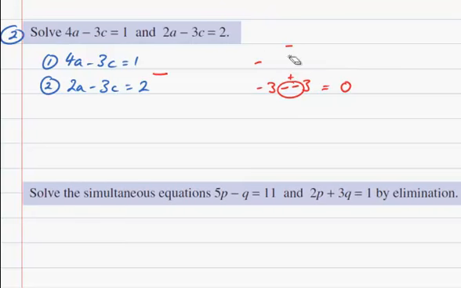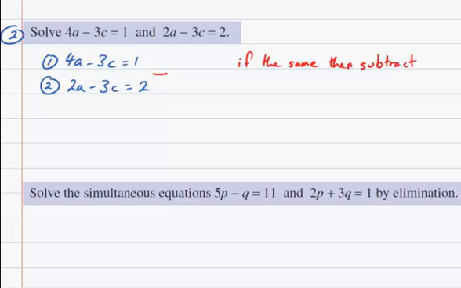One way that you can remember is if they're the same, then you subtract. If they're different, you add. These are the same sign, so I need to subtract the two equations.